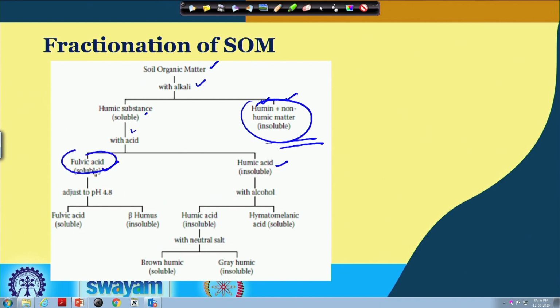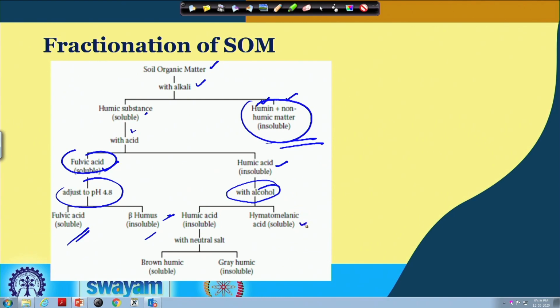Now, the soluble fraction, that is fulvic acid, when we adjust the pH to 4.8, can be further fractionated into fulvic acid, which is a soluble fraction, and beta humus, which is an insoluble fraction. And in case of humic acid, which is basically insoluble, if we reflux it with alcohol, we will get two fractions.